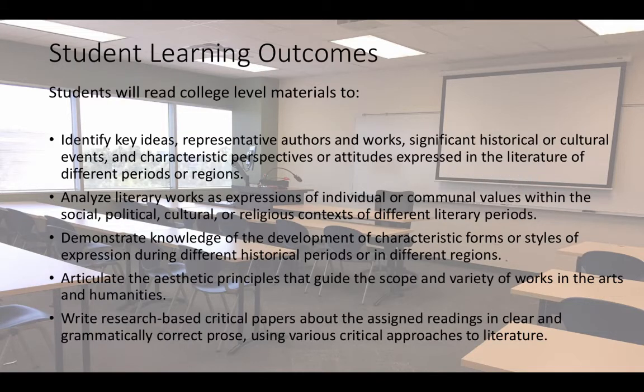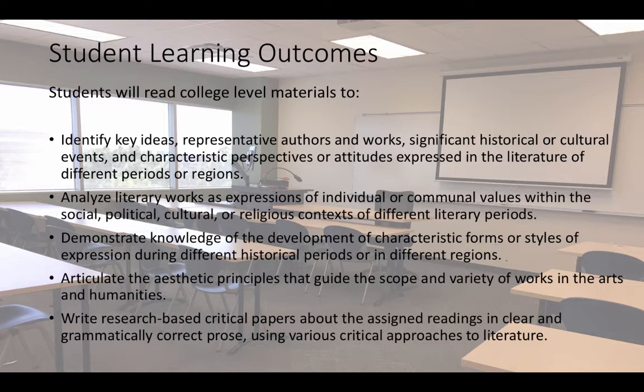The student learning outcomes. These are what make this course transferable. All right, so first we're going to identify key issues, representative authors and works, significant historical or cultural events, and characteristic perspectives or attitudes expressed in the literature of different periods or regions. Analyze literary works as expression of individual or communal values within the social, political, cultural, or religious context of different literary periods.